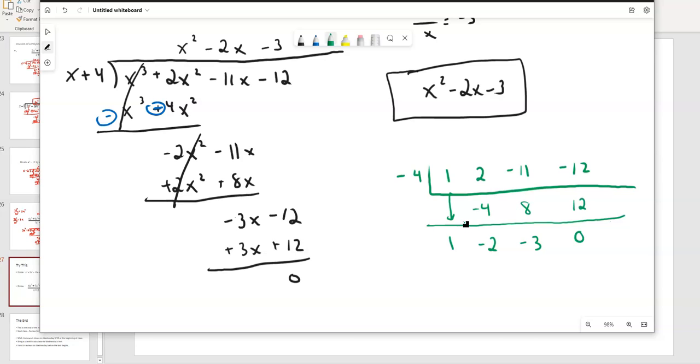Add them together, I get 0. So notice I got 1, negative 2, negative 3. I started with an x to the third. So synthetic division drops it down by a power, so that 1 becomes a 1x to the second, negative 2x to the first, negative 3 is a constant, and that 0 is my remainder. So you notice I get the same answer that way too.